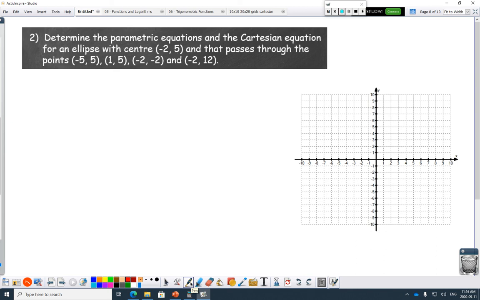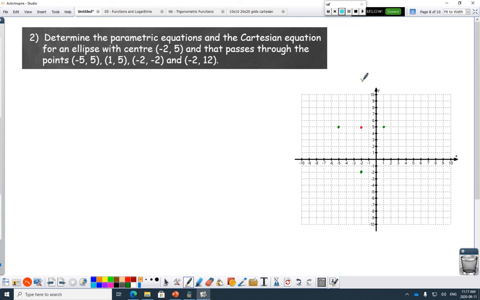An ellipse with center -2, 5. Oh, I'm seeing that other point for the first time. Hopefully it'll work because I'll just add on to it here. Anyways, center at -2, 5. There's the center of the circle. And then I'll do the points in green instead. It passes through the points -5, 5, 1, 5, -2, -2, and -2, 12.